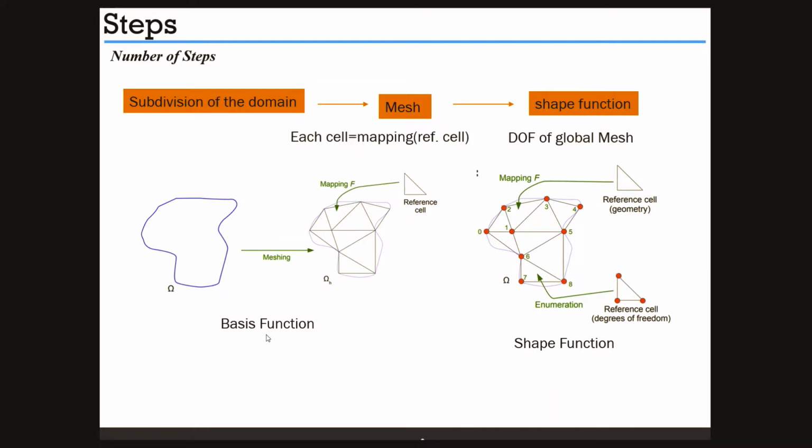Well, from the basis function, if a bulk object is like that, it can be turned into a mesh, and this type of mesh can be obtained, which is called the mapping. And this is the reference cell which is embedded here. This shape can be triangular, rectangular, hexagon, tetrahedron, depending on the corners, or depending on the shape of the bulk object.